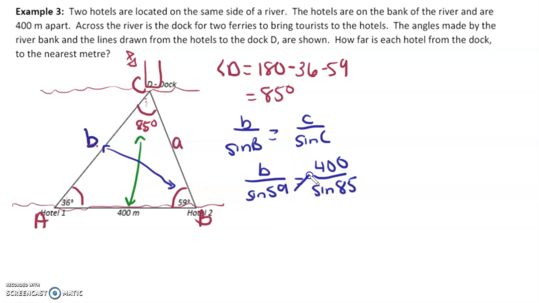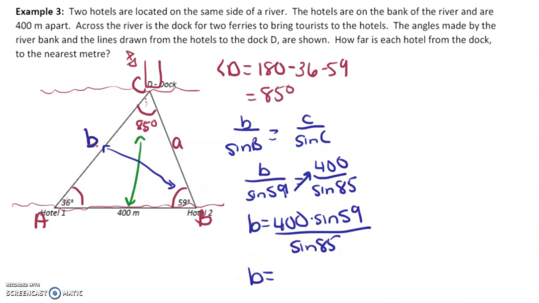And all we have to do is cross multiply this sine 59 up, and we get B equals 400 times sine 59 over sine 85. This entire thing we can put into our calculators, and I get 344, and that's going to be measured in meters.